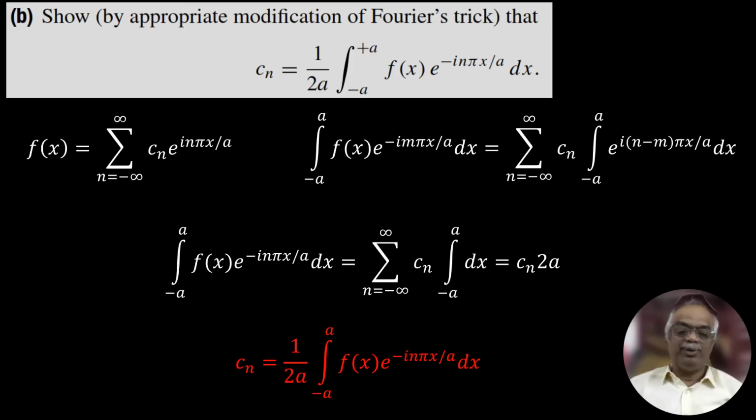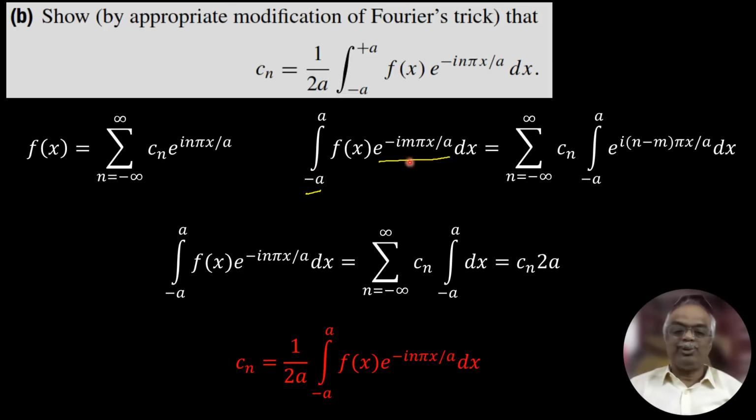So now you take the integral on both sides using this exponential function, that is integral between minus a to plus a e power minus i m pi x over a dx. Here I want to differentiate this n and this one, so here I have taken this as m.